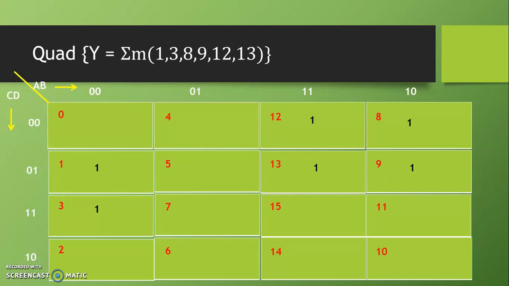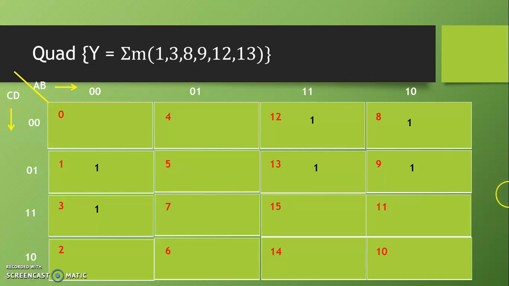Now again by observation we can see that in cell number 1 and 3 a pair is possible, but in cells number 8, 9, 12 and 13 we can see that a group of 4 ones might be possible. So we prepare our groups accordingly.